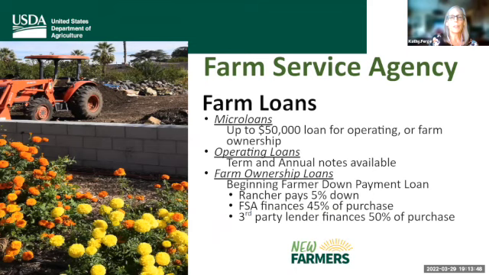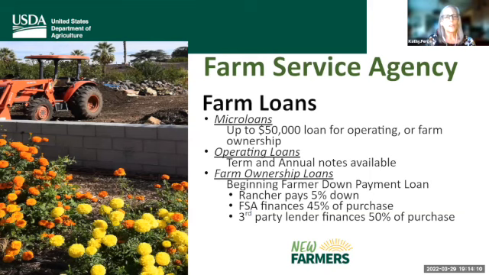I'm not going to go into any detail on operating loans or farm ownership loans. Once we start getting into these loans, there are eligibility requirements, and you have to be a farmer for at least 3 years.